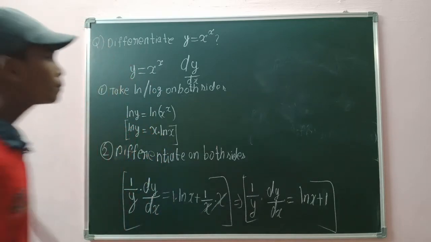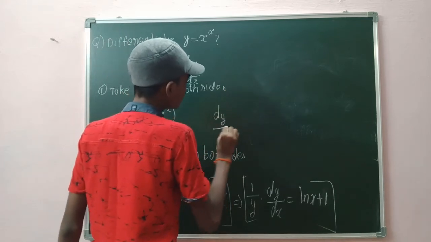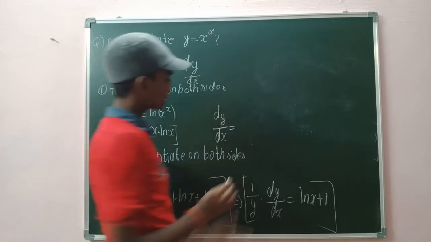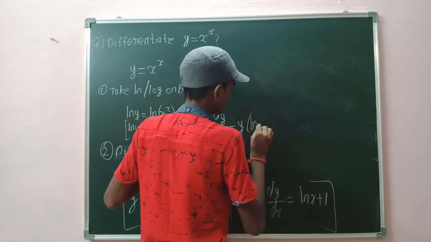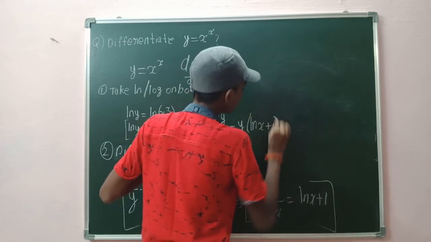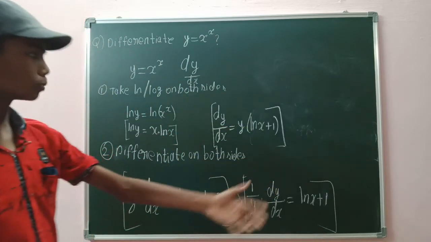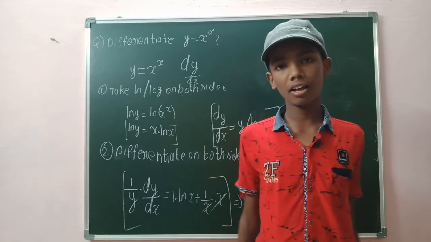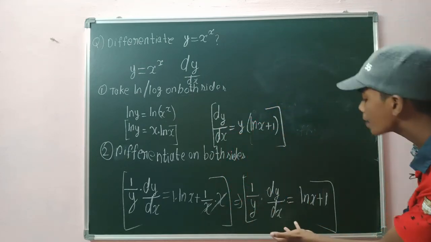So from this I will say that dy by dx will be equal to, take this 1 by y to the RHS, therefore we get y into ln of x plus 1. Correct? Take that y to the RHS because my main motive is to find the value of dy by dx, and in this equation itself I am having dy by dx.